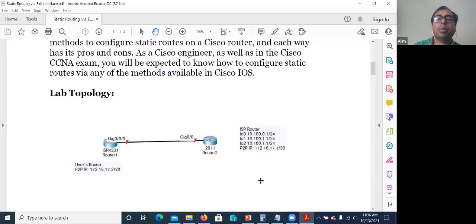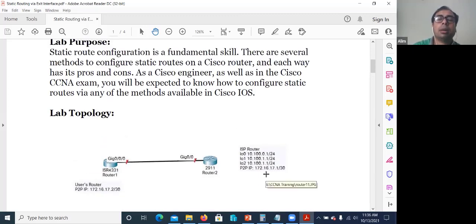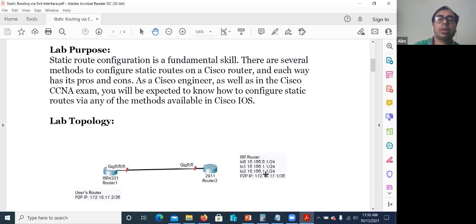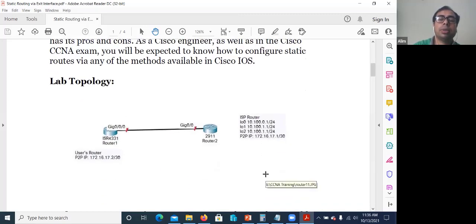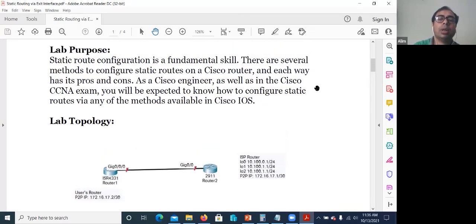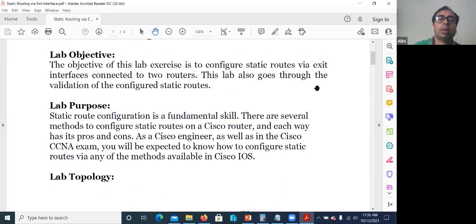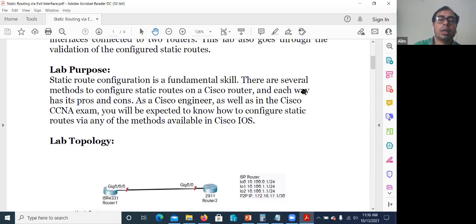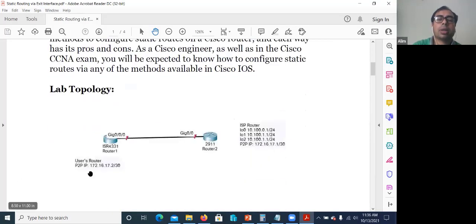But in a very critical organization where internet connectivity is very important, at least two connections are preferred. Otherwise, you will sometimes go offline.